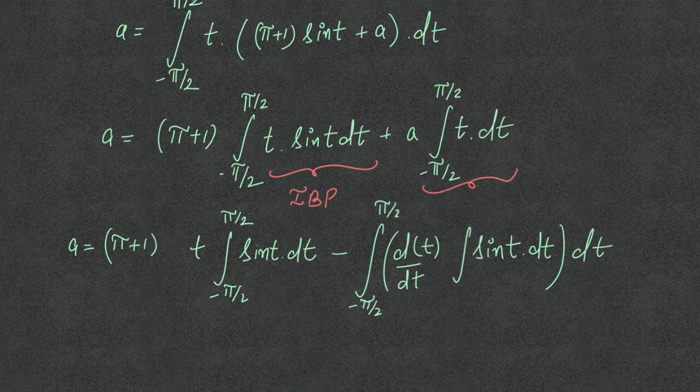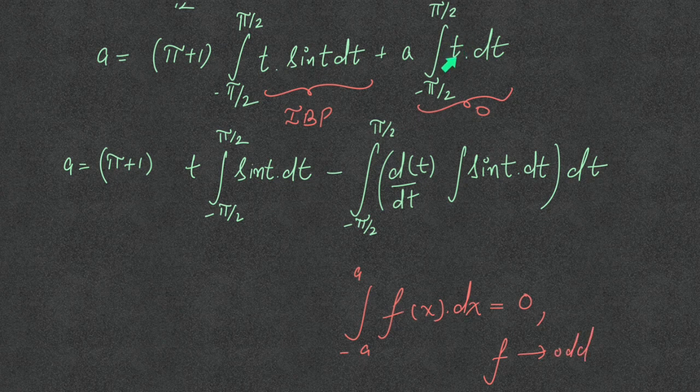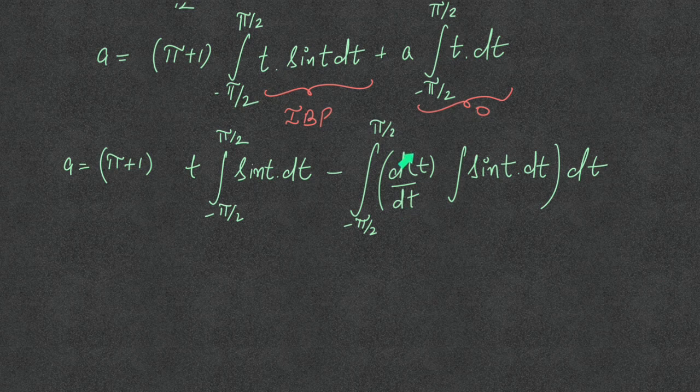This function here is an odd function, so the answer is 0, because we know that from minus a to a, integration f(x) dx is 0 when the function is odd. This function t here is odd, so clearly the answer of this integral is 0. So we are only with this part. dt by dt becomes 1.